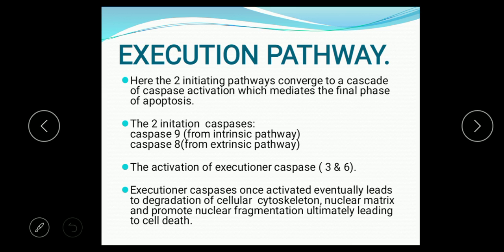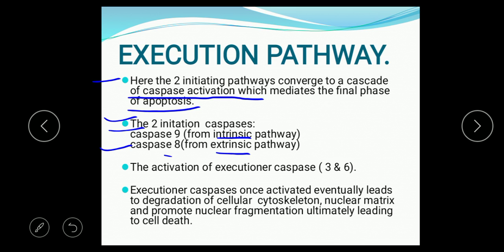Here the two initiating pathways converge to a cascade of caspase activation which mediates the final phase. The two initiator caspases are caspase 9 and caspase 8: from the intrinsic pathway caspase 9, from the extrinsic pathway caspase 8.